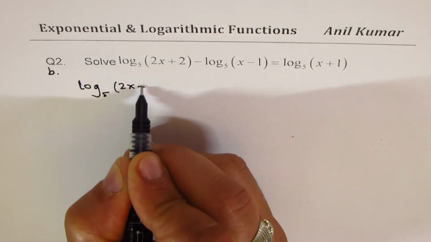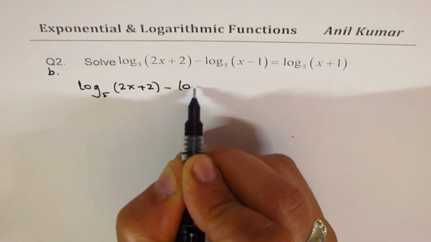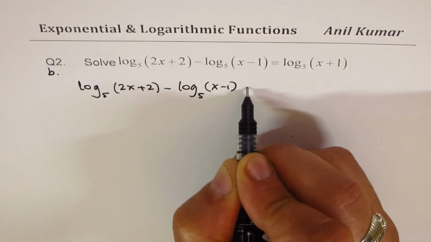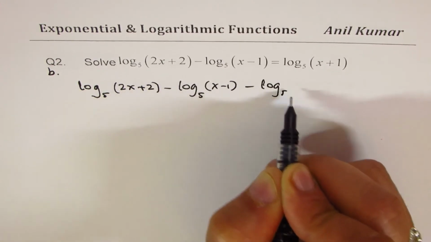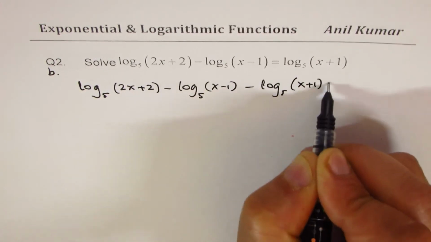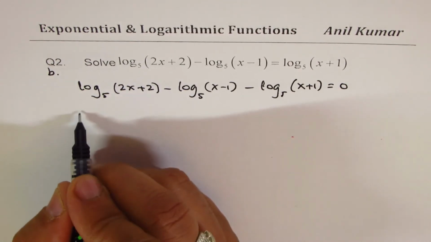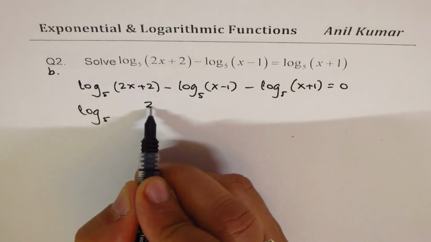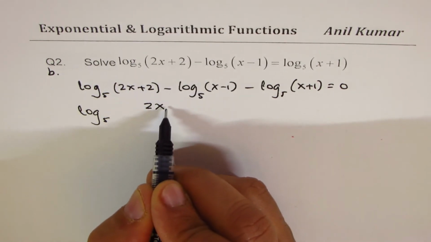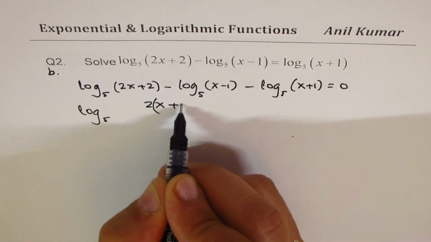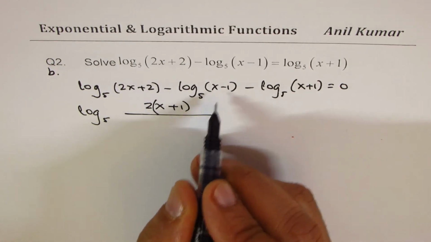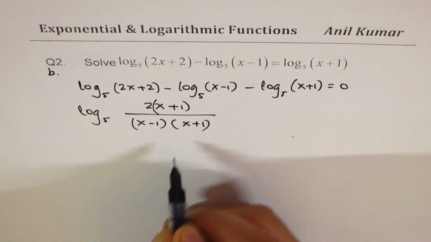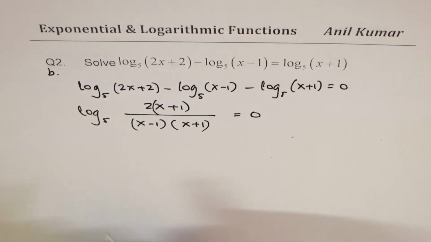We have log base 5 of 2x plus 2 minus log base 5 of x minus 1 minus log base 5 of x plus 1 equals 0. So using the logarithm laws, we get 2 times x plus 1, I could factor, right, divided by x minus 1 times x plus 1, correct, equals 0.